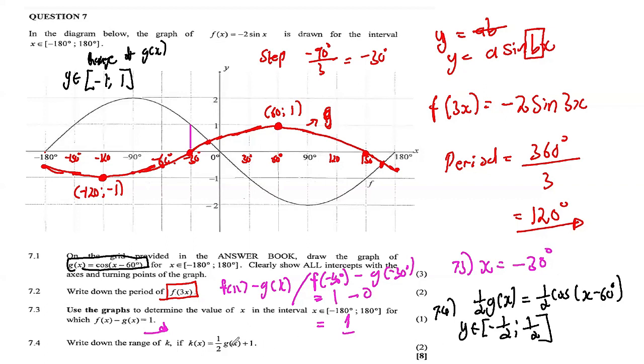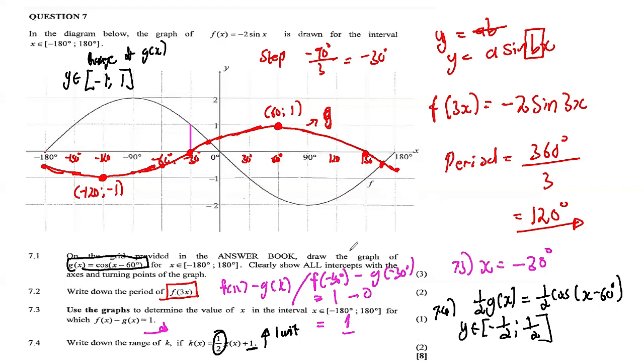But then the +1 here is indicating that this graph is not only being reduced by a scale factor of half, but it is also being shifted 1 unit upward, right? So this means this will also affect our range.